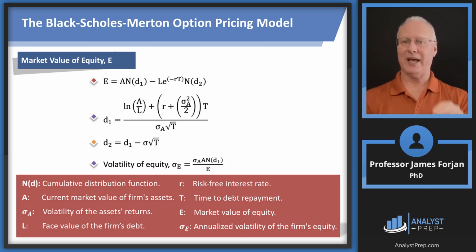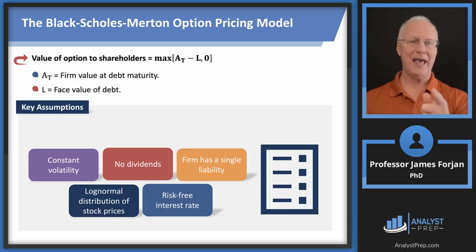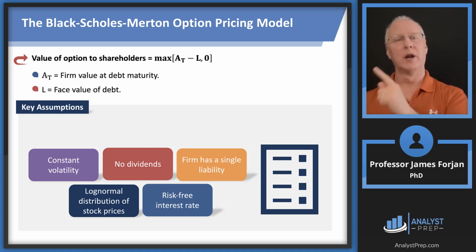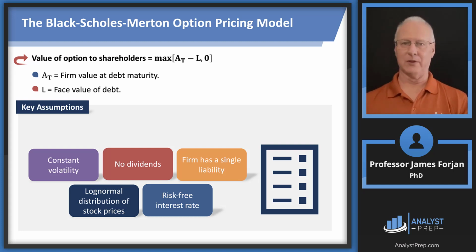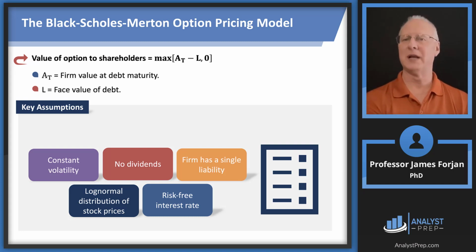So that is going to be a probability weighted adjustment. So let me go back here. We're going to multiply A by a probability. We're going to multiply L by a probability. And the probability of L is going to be a little bit less than the probability of A. And that's just the way it works. And I'll explain that in more detail here in just a second. So think about this model here.